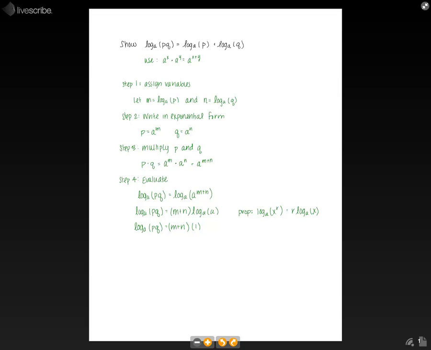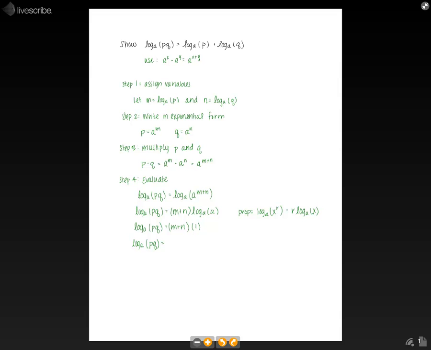Alright, so at this point, what we need to do is go back to when we originally assigned our variables and plug those back in. So now we have log base a of p times q equals m plus n.